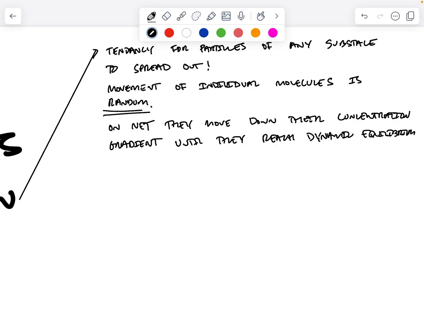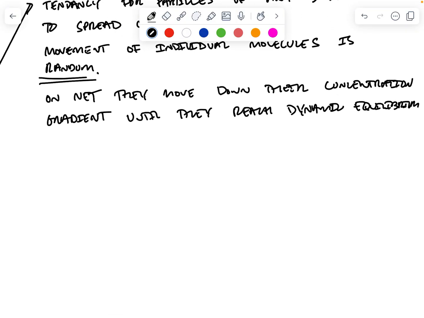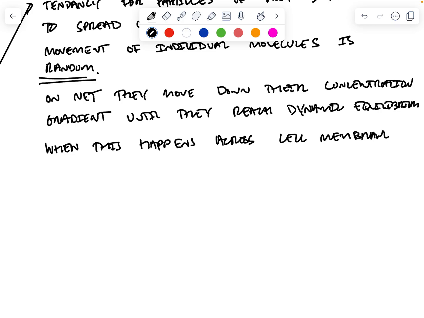When this happens across cell membranes, we call it passive transport. And it's called passive transport because it requires no energy input from the cell.